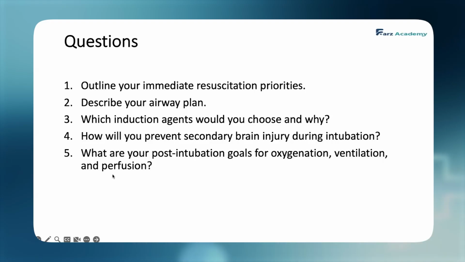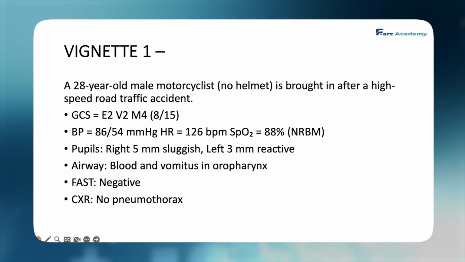Okay. So you mean to say that you want to first intubate this patient because the GCS is 8/15, so your threshold is GCS 9. And also you will intubate because he is hemodynamically compromised and there is blood and vomitus in the oropharynx, so there is a chance of aspiration.